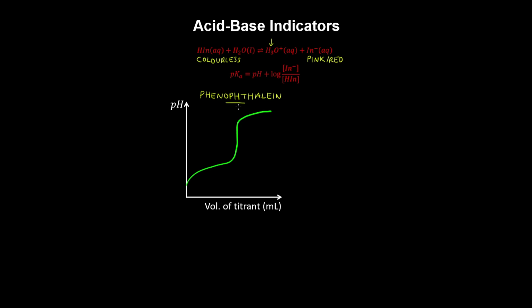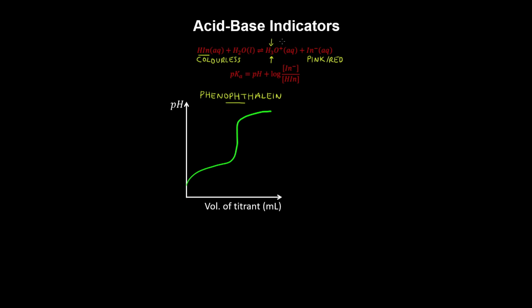So these typically have complicated chemical formulas, so a simplified form is shown here, where we have the proton and the indicator. So in an acidic environment, you have the concentration of hydronium being higher, and that drives the equilibrium to the left.